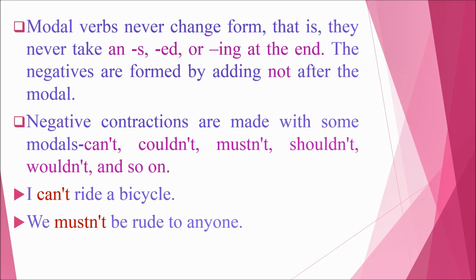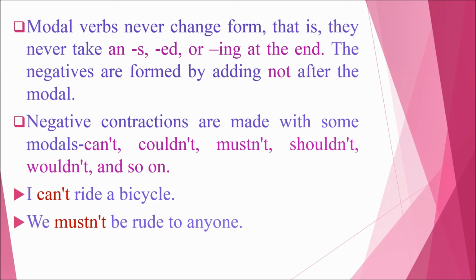Negative contractions are made with some modals such as can't, couldn't, mustn't, shouldn't, wouldn't, and so on. Example sentences are: I can't ride a bicycle. The next example sentence is: we mustn't be rude to anyone.